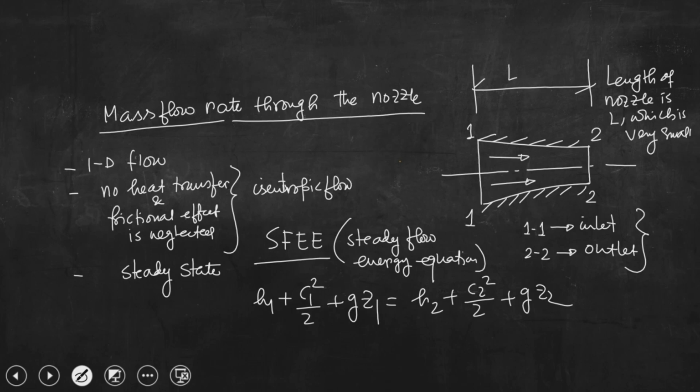So, what we can write from this equation, if we go to the next slide, is C2 square minus C1 square by 2 plus H2 minus H1 equal to 0.